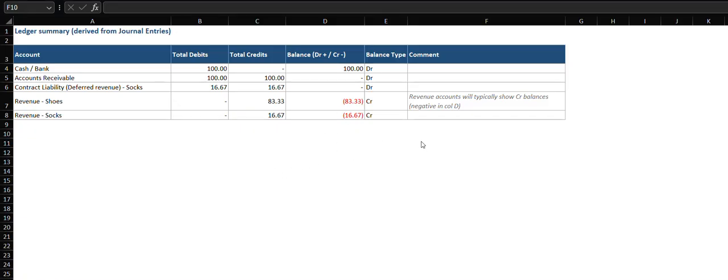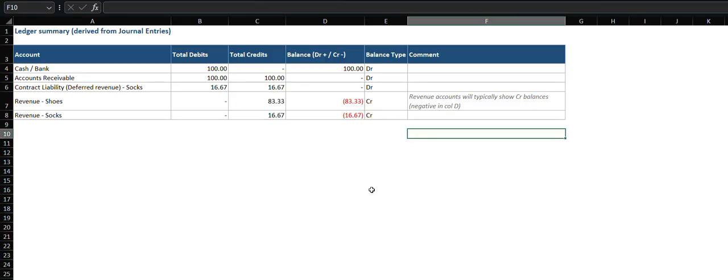Finally, I move to the ledger tab. This tab summarizes all the ledger balances derived from the journal entries. It shows that cash is correctly recorded, revenue is properly recognized, and the contract liability becomes zero after delivery of the socks. This confirms the accuracy of the IFRS 15 accounting treatment.